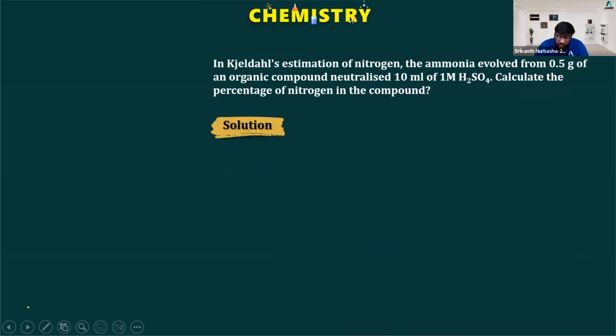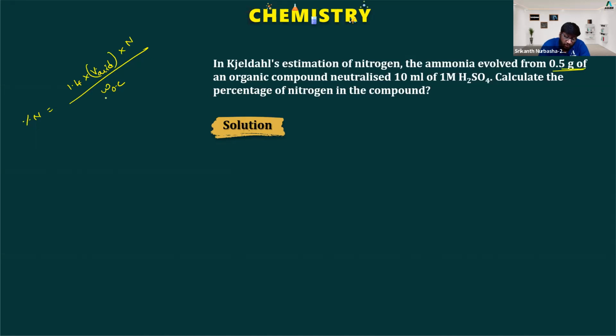Try to solve this question. In Kjeldahl's estimation of nitrogen, the ammonia evolved from 0.5 grams of organic compound neutralized 10 ml of 1 molar H2SO4. Calculate the percentage of nitrogen in the compound. What is the formula? Percentage of nitrogen is equal to 1.4 into volume of acid neutralized with ammonia into normality of that acid, divided by weight of organic compound.